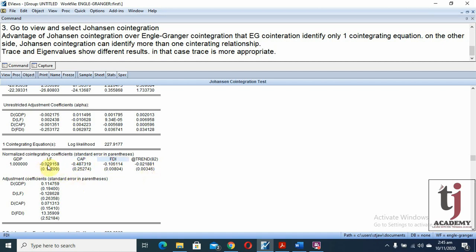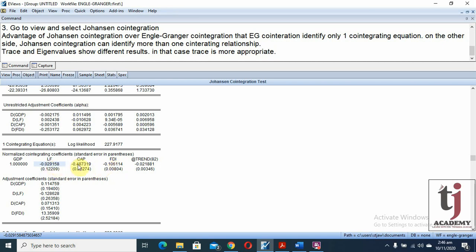Here, for labor force, capital and FDI, what we have to interpret is that the sign would be opposite. Let's suppose there is a minus 2.02 as the normalized coefficient of labor force. It is not a minus 2, it would be 0.029. The coefficient of capital is 0.487. The coefficient of FDI is 0.106.